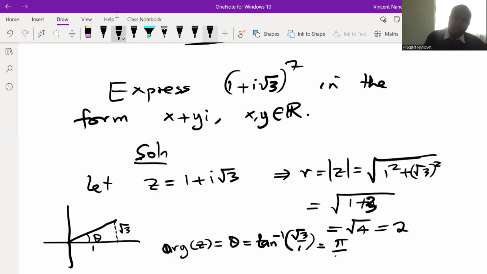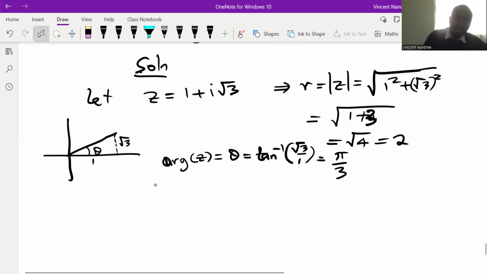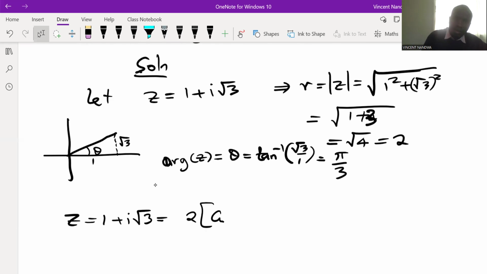So argument is pi over 3. Which means that z, 1 plus I root 3, is the same as 2 cos pi over 3 plus I sine pi over 3.